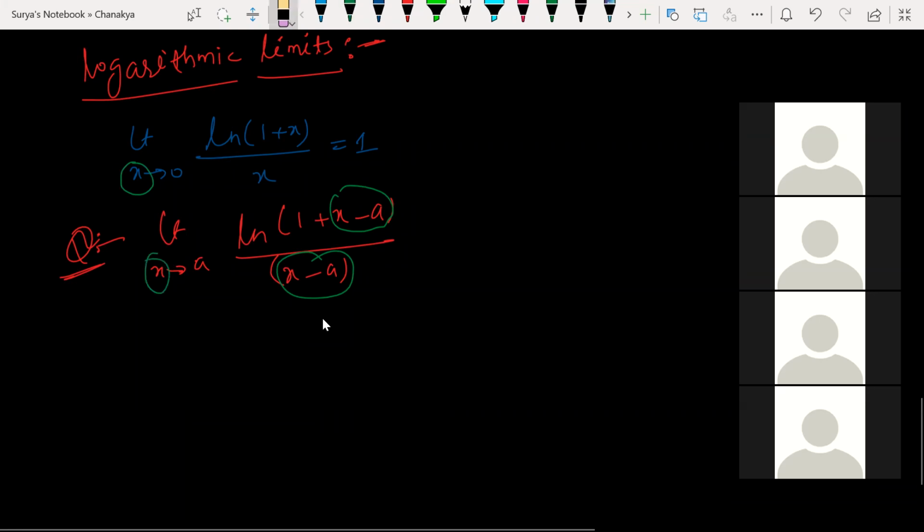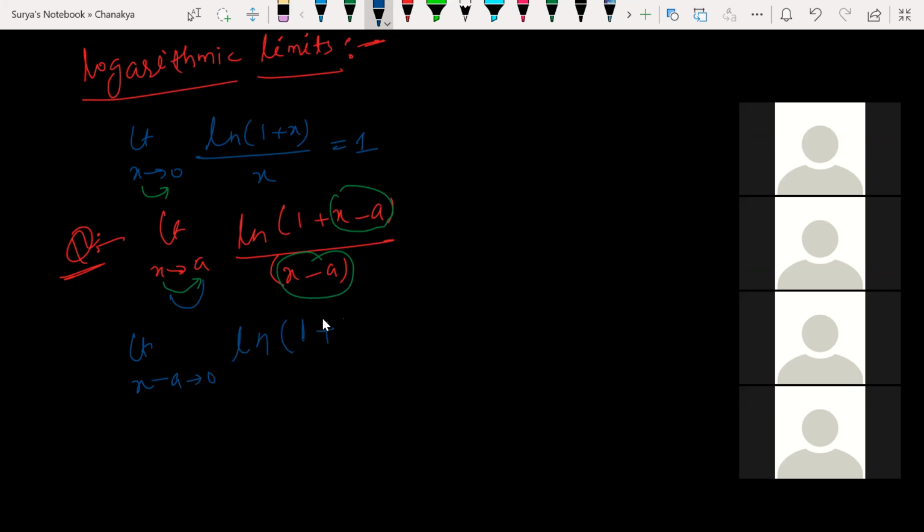Look at the difference. We have x tends to 0 here. We have x tends to a. This can be modified as how? If I shift this a to the left hand side, it becomes x minus a tending towards 0. Now look at this. Ln 1 plus x minus a divided by x minus a.